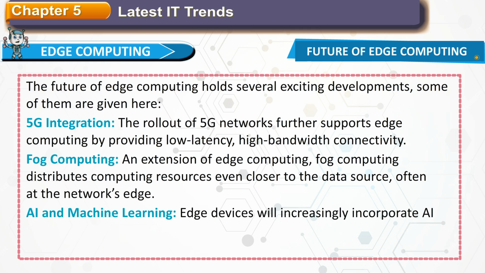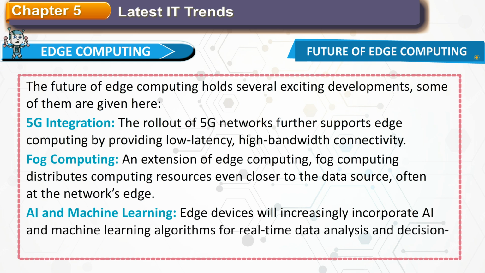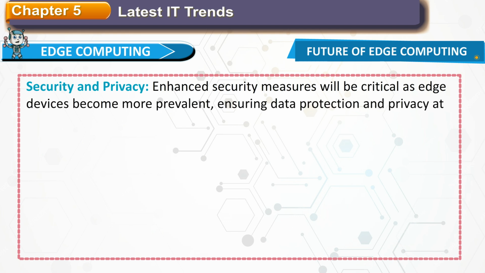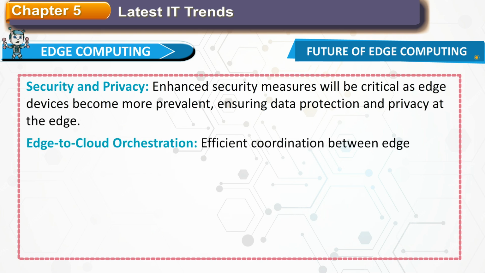AI and machine learning. Edge devices will increasingly incorporate AI and machine learning algorithms for real-time data analysis and decision-making. Security and privacy. Enhanced security measures will be critical as edge devices become more prevalent, ensuring data protection and privacy at the edge.